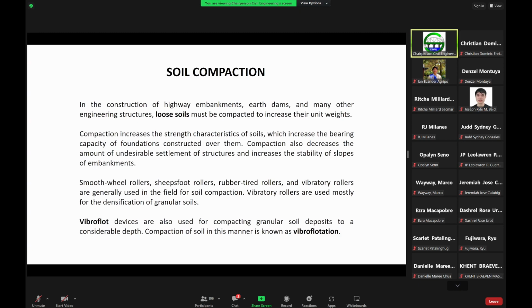Compaction increases the strength, because when you have loose soils, usually the strength is quite weak. So we need to compact these loose soils so that they will become dense soils, dense to very dense soils. We don't like very loose to loose soils in the field. We like dense and very dense soils.